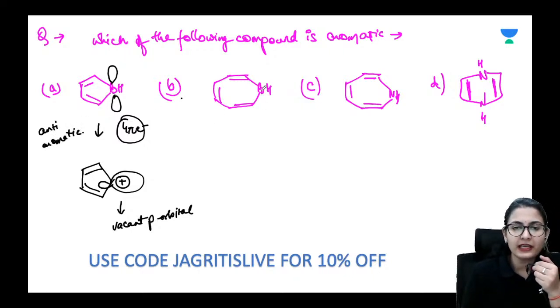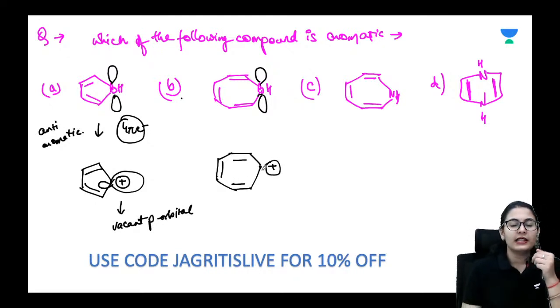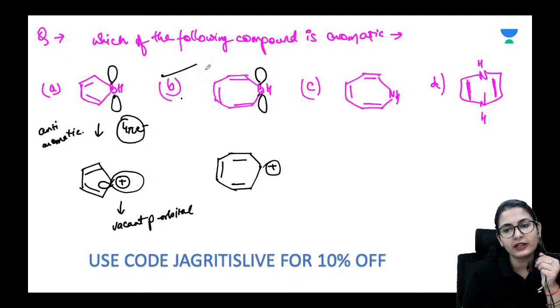About option B, if you consider a vacant p orbital over here, how is it going to be? Look, how does the whole system look? Like the tropylium cation, and the tropylium cation is going to be aromatic. You know that already. Very good. Now what about this nitrogen?